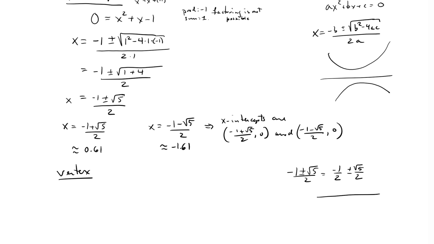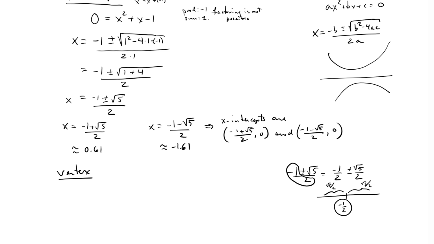So if this is minus a half, one is root 5 over 2 to the right, and the other is root 5 over 2 to the left. Either you subtract root 5 over 2 or you add it. But what's in the middle is the minus a half. So what's interesting with the quadratic formula is that if you look at this part, that's the middle.